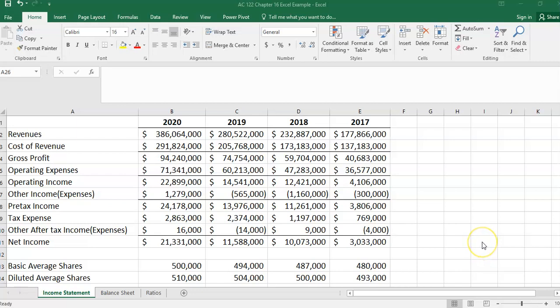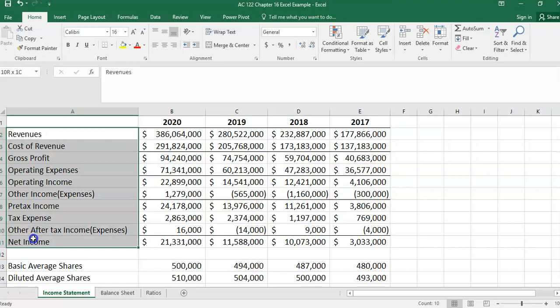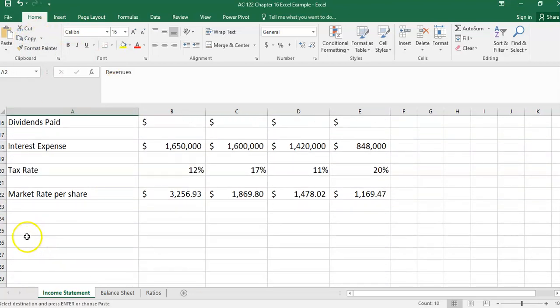We're going to start with the vertical analysis or common size analysis. In common size analysis, we take everything on the income statement as a percentage of sales and everything on the balance sheet as a percentage of total assets. So I'm going to start by copying the labels for my income statement below here.